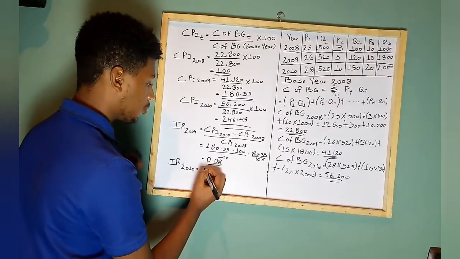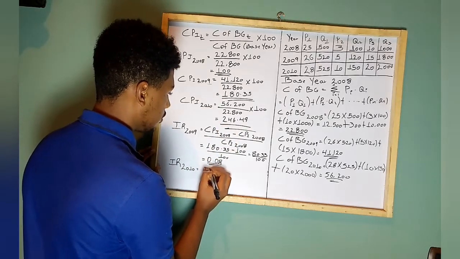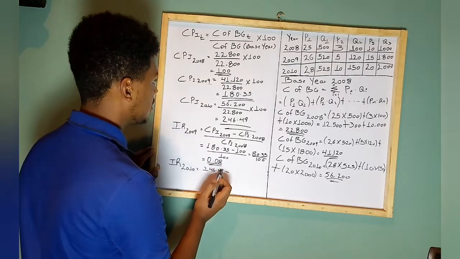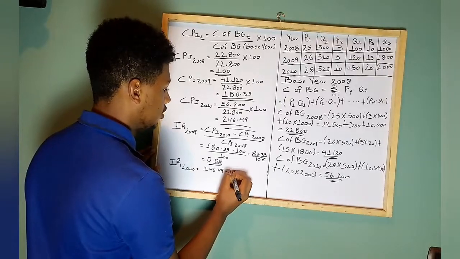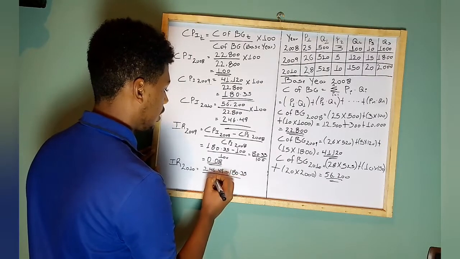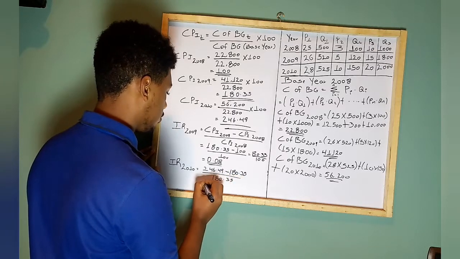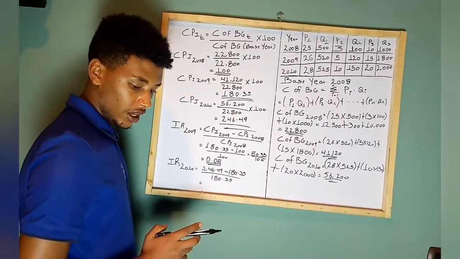Therefore, consumer price index for 2010 is 246.49 minus consumer price index for 2009, which is 180.35, divided by 180.35.